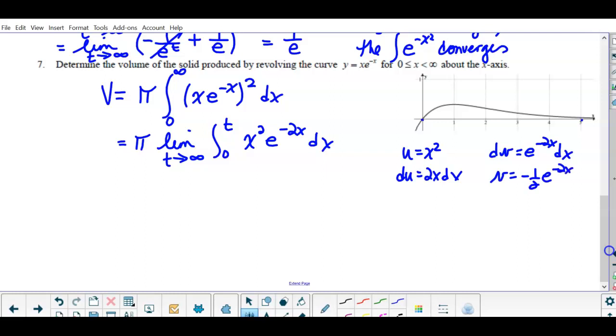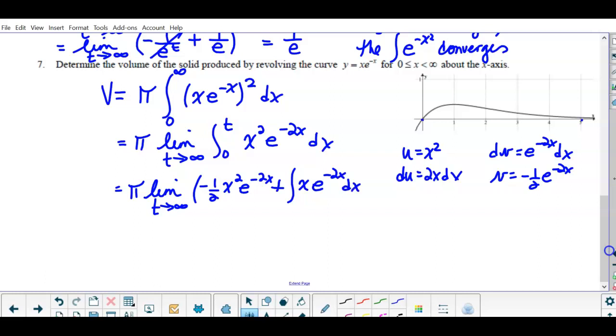Okay, so then this is going to be uv minus the integral of v du. So the 2's will divide out. It's a minus, so that will be a plus, x e to the negative 2x dx. This is from 0 to t, and this will end up being from 0 to t.